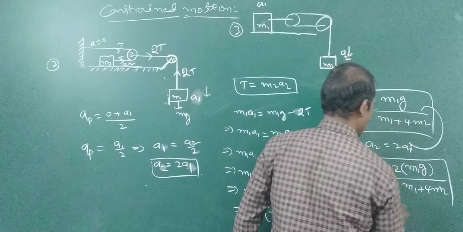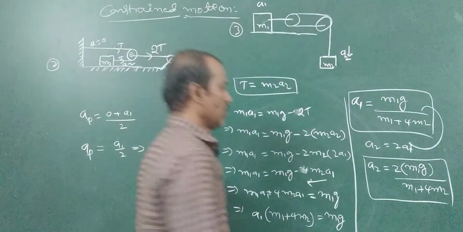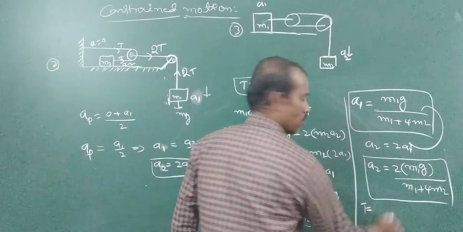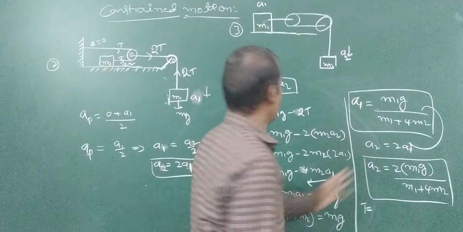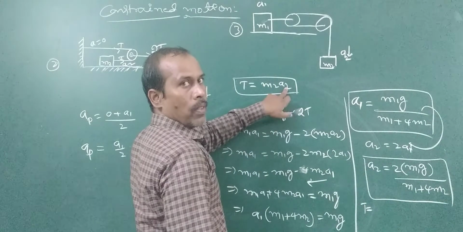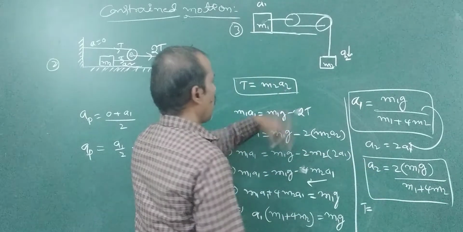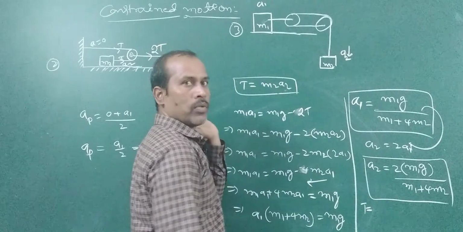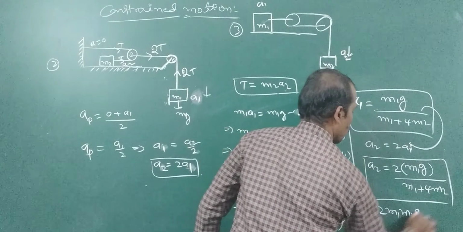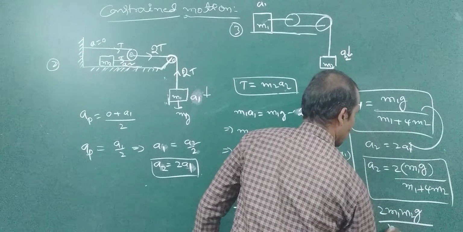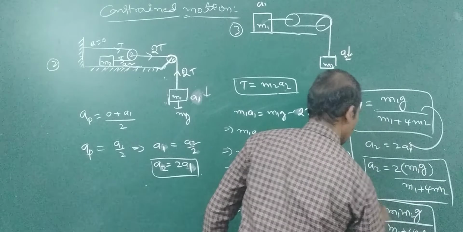Now the tension in the string: T is equal to M2 A2, so multiplying, 2 M1 M2 g by M1 plus 4 M2. This is the tension in the string.